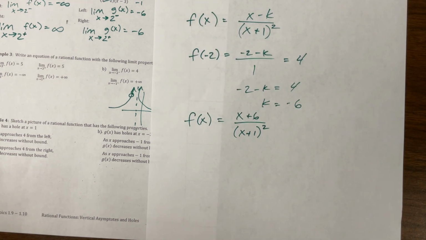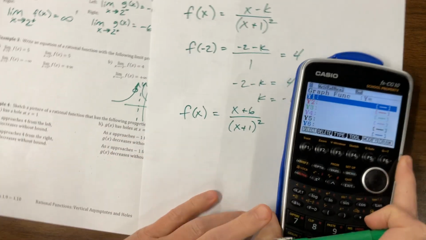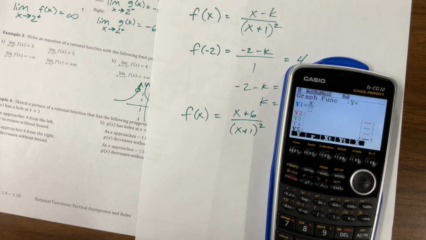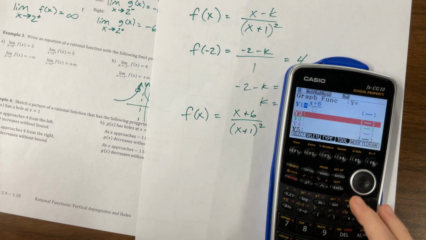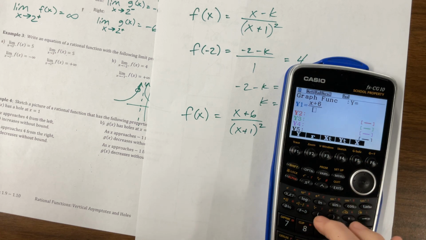Let's see how I did. We're going to grab a calculator and see if I'm onto something. Let's make that a fraction. We have an x plus 6 at the top, and then an x plus 1, we said, squared.